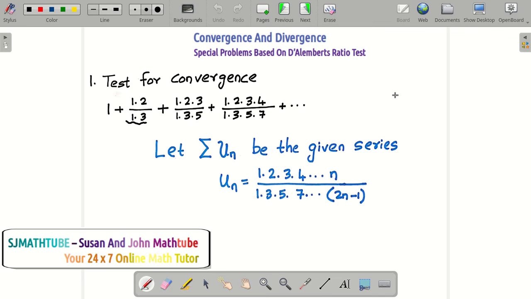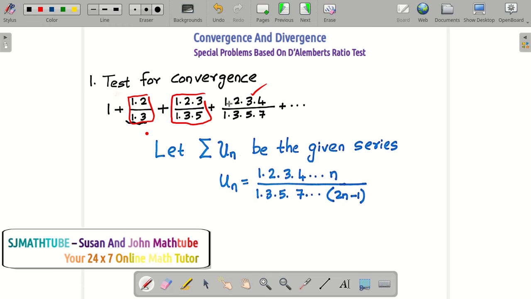And now we have to extract un, and to write un, you have to understand one thing. The third term contains all the quantities in the second term, and the fourth term contains all the quantities in the third term. Anyway, it's a continued product.